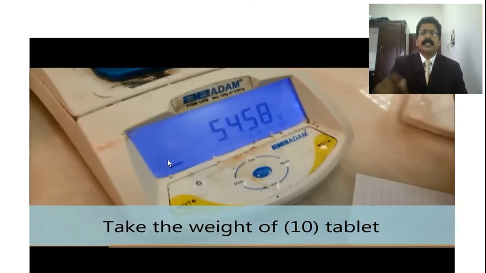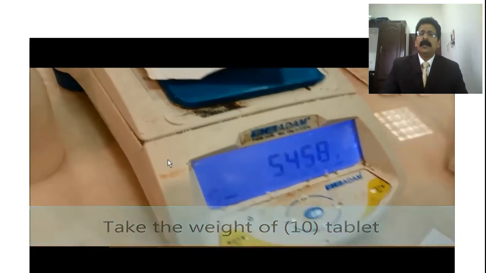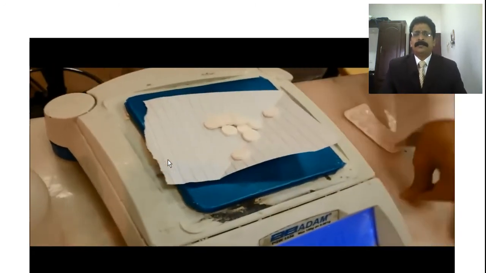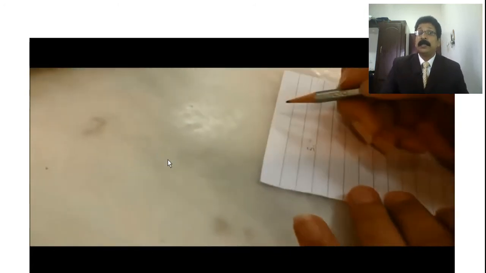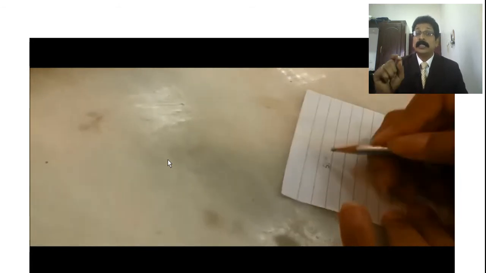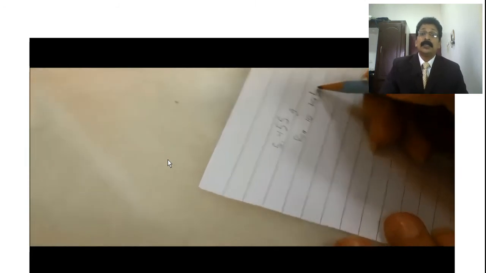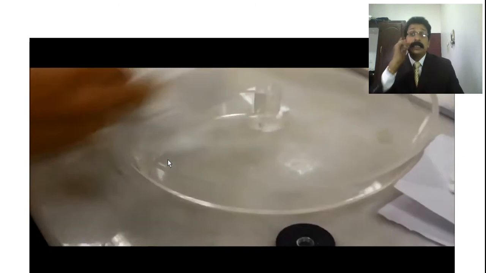Here they have taken 10 tablets to be weighed in a digital weighing balance, and you have to subtract the tare weight, that means the paper weight, and only the 10 tablets weight is calculated. It shows 5.455 grams for 10 tablets.